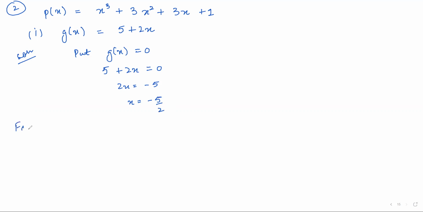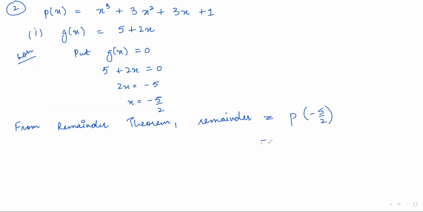So first of all, you have to find what is the value of x. So from remainder theorem, your remainder is equal to the value of polynomial at this particular x, that is minus 5 by 2. Right? So your remainder is equal to, let me do it here.